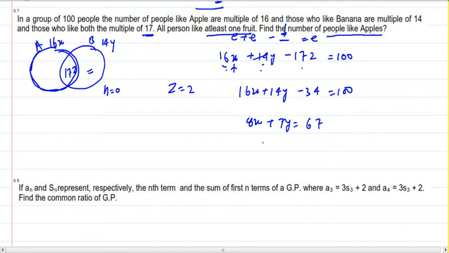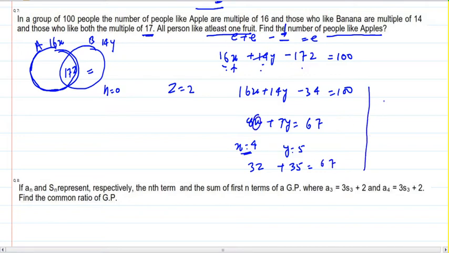So I apply hit and trial and say, let us say x is equal to 4. You have tried this question earlier. You have to put x equal to 1, x equal to 2, x equal to 3, and then verify values. So that gives me 32 here. If I say I need a further 35, if I put y equal to 5, I'm able to match 67. So that tells me x is equal to 4.